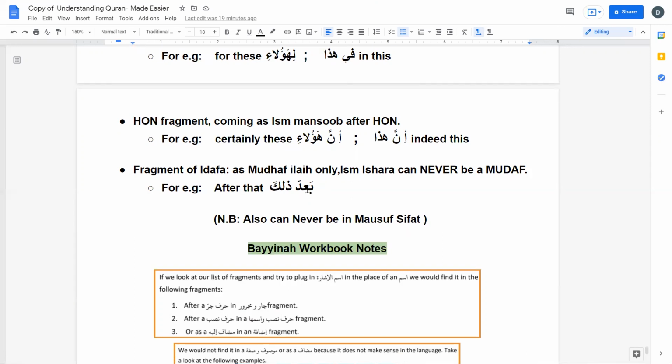So ba'da is mudaf, and dhalika over here is mudaf ilayh in jar status, but because this is non-flexible, it looks the same. Apparently it looks the same, but it is taking the jar status over here because it's a mudaf ilayh. And ba'da dhalika means after that.